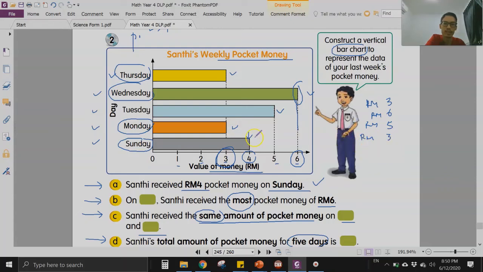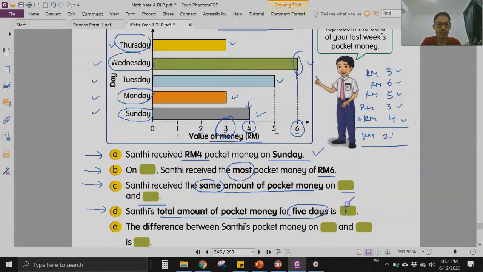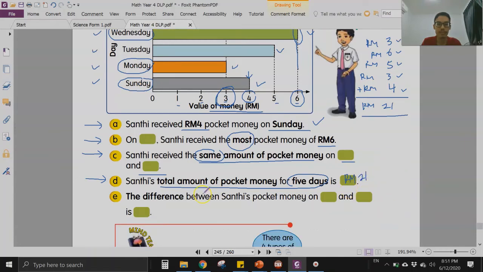On Sunday is 4 ringgit. So total you plus everything, tambahkan semua. Okay, 6 plus 4 is 10, 15, 18, 21. So the total is 21 ringgit for 5 days.